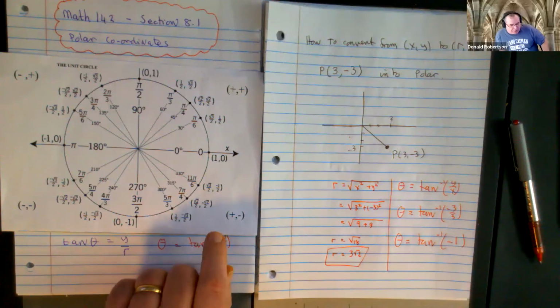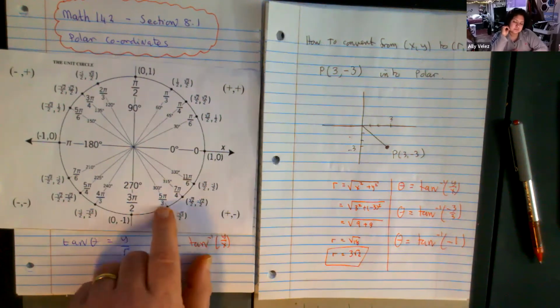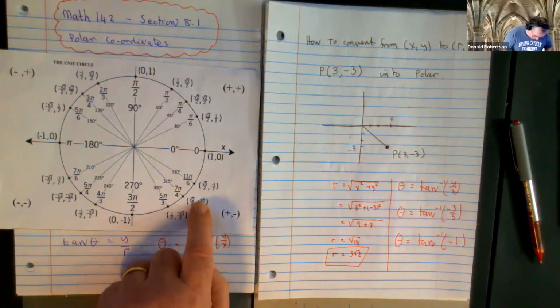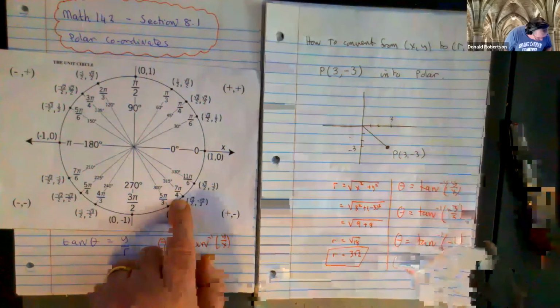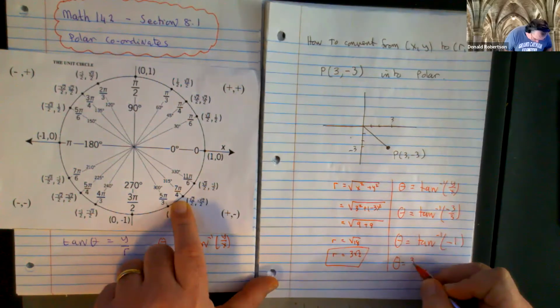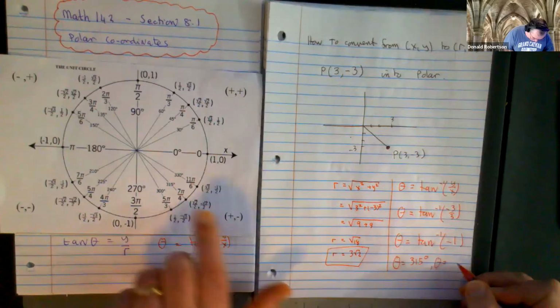Oh, sorry, 7 pi over 4. Do you agree? See it? And so your answer, if they wanted degrees, and let's pretend that the question said degrees, it's 315 degrees. If they wanted the answer in radians, wouldn't you do 7/4 pi?